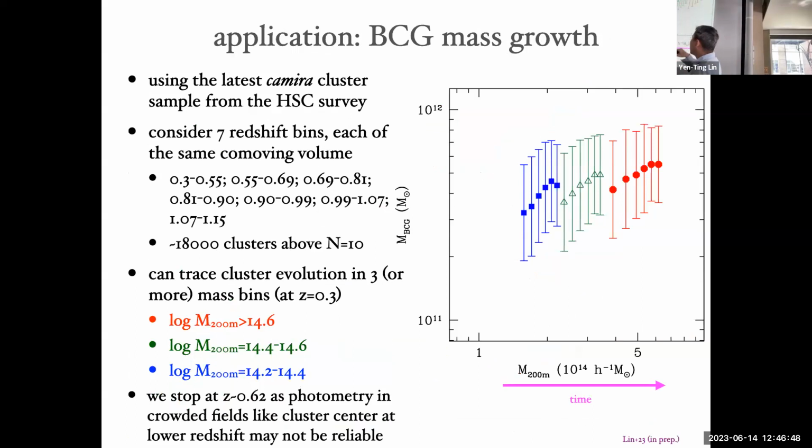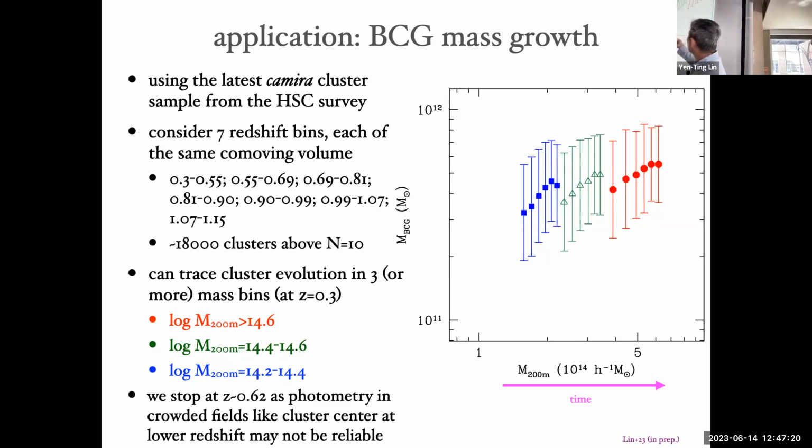So by applying this method to the latest HSC cluster sample, this is the result. Again, BCG mass on the y-axis and the cluster mass on the x-axis. And because of the way the cluster samples are built, you can consider this as a time axis as well. So I have three sets of data points representing three cluster samples.